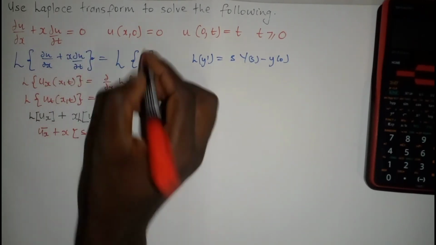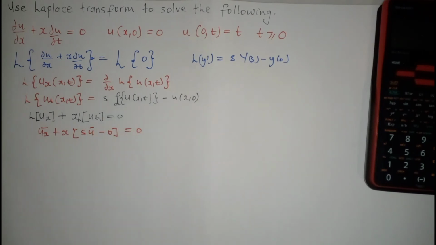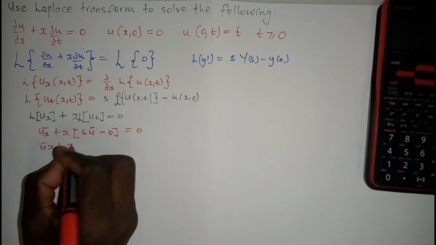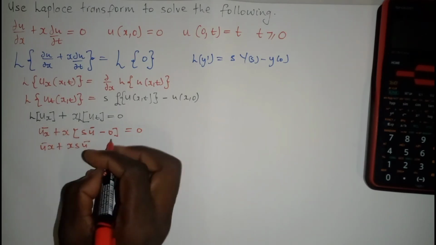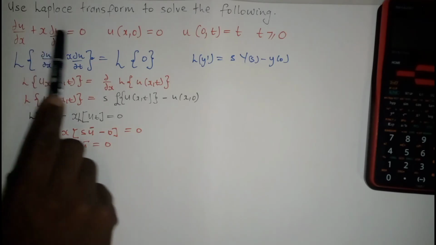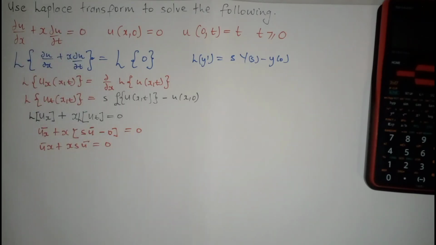What is u(x,0)? It is 0 right here, and I'm going to equate this to 0. Let's simplify it: we're going to have ux bar plus xs u bar is equal to 0. For this problem it's easy because we know this is equal to 0, but if this was equal to another function, it would become more difficult.